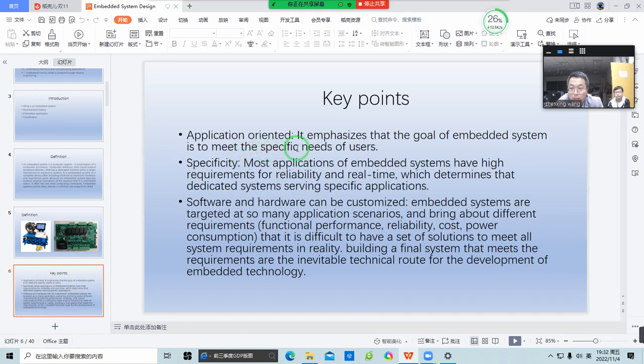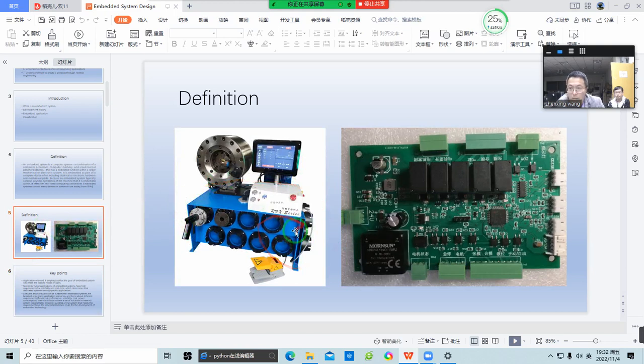So different embedded systems have different characteristics. Different customers have different requirements. So for different machines, at the time you design, you must understand the whole process of the machine. It's impossible to design a device if you are not familiar with the machine.